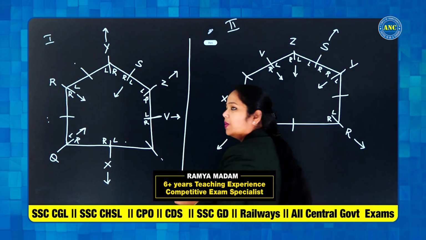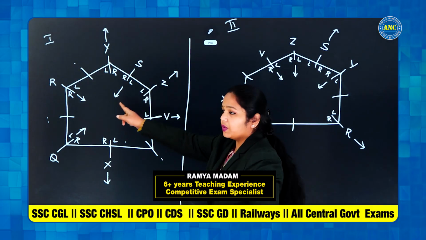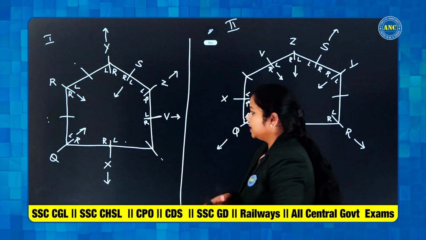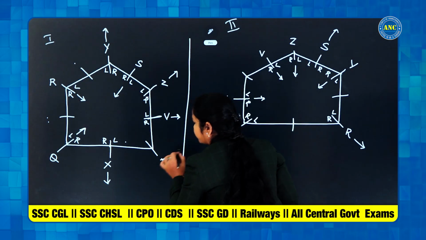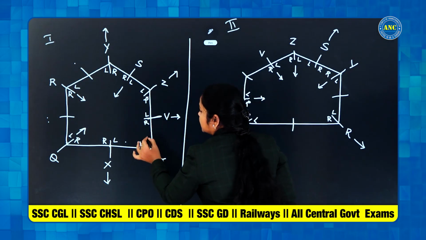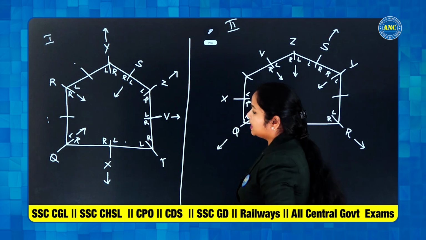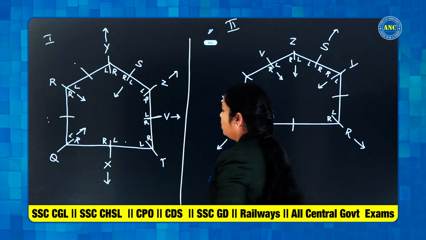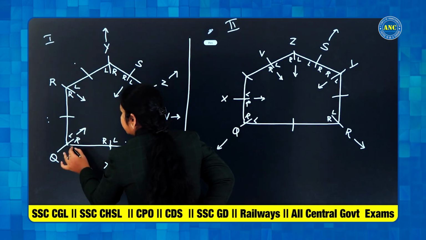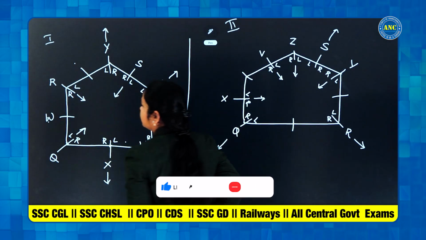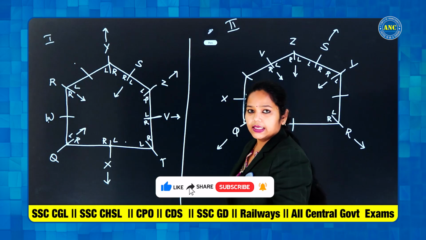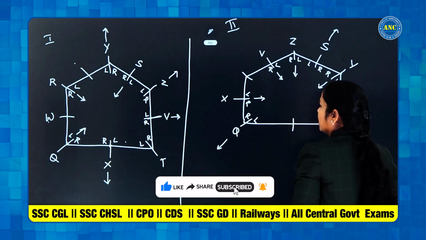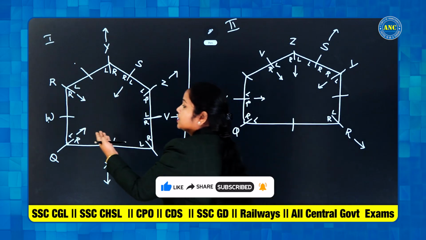So, S is facing inwards, so T also will face inwards. If I assume T here, T facing inwards, this is left, this is right. W is sitting third to left of T. So, can I take W here? First, second, third, W I can take here. Yes. Next, confirm the position of W.